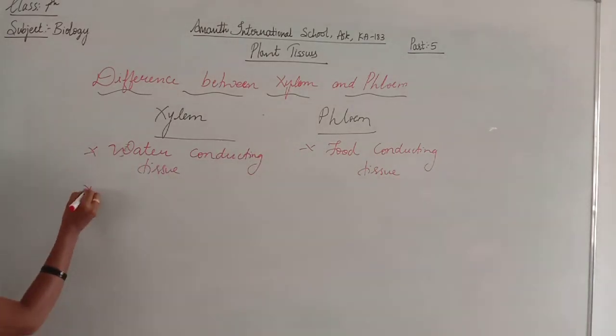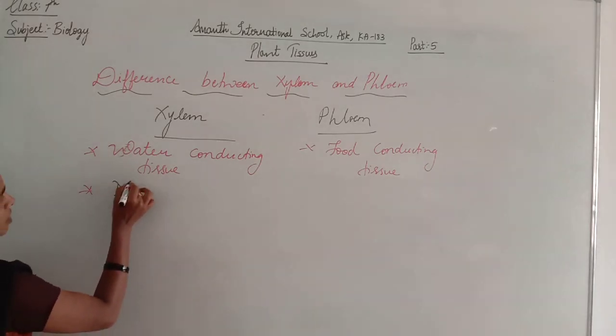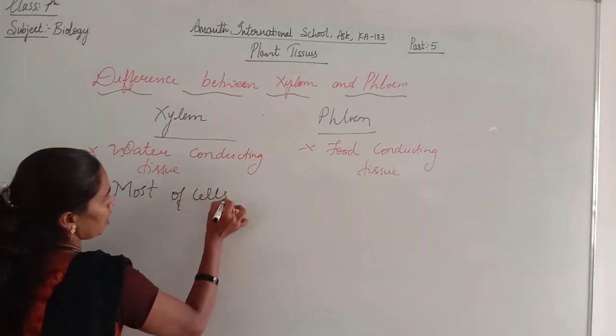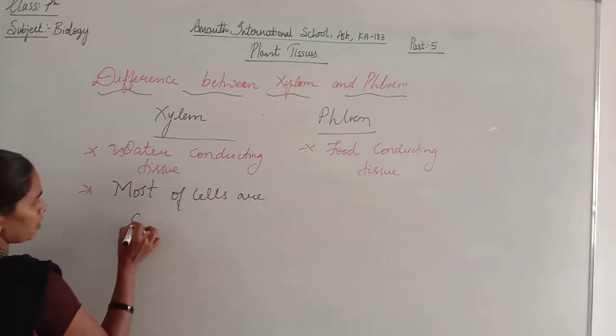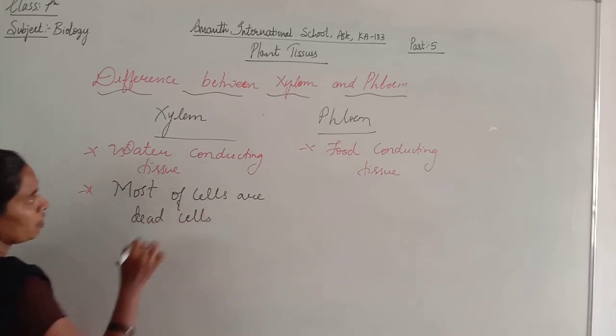Then what is the second difference between xylem and phloem? The cells which are present in the xylem, most of the cells are dead cells in the xylem tissue. Means the dead cells are present in the xylem tissue.